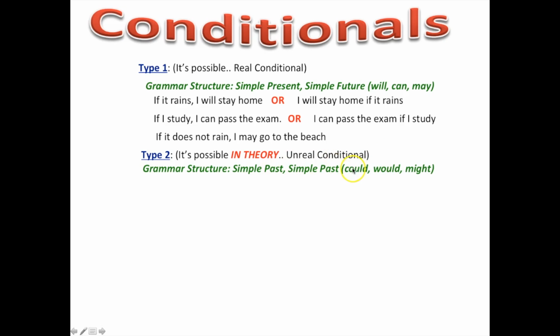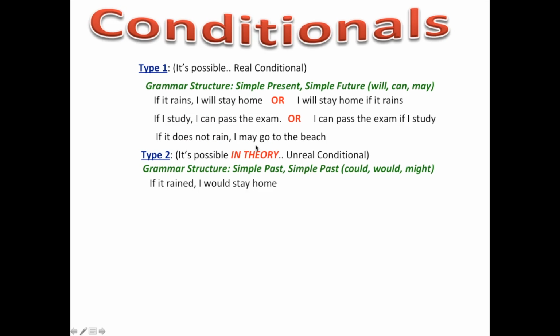Here we're going to use could, would, and might. We use could because could is the past of can. We use would because would is the past of will. And we use might because might is the past of may. We're going to use exactly the same sentences, but now we're going to make them unreal.